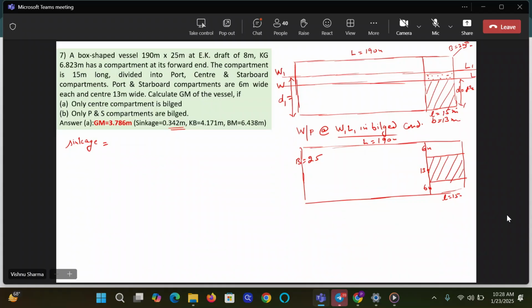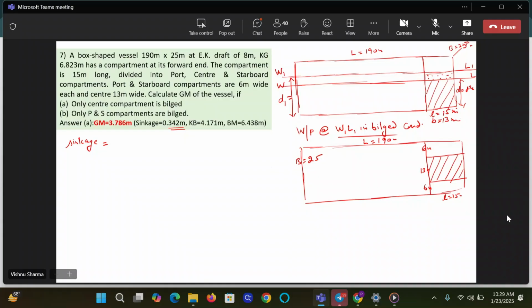Is that good? 0.342, everybody's got it? Please confirm. Yes, sir. Okay, very good. Anybody who's not getting sinkage of 0.342? Okay.